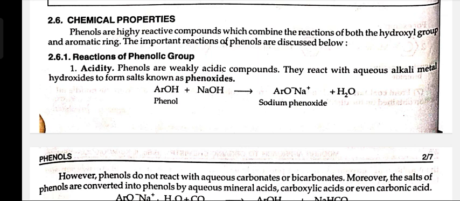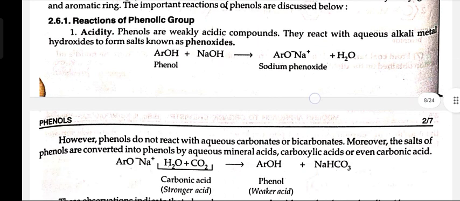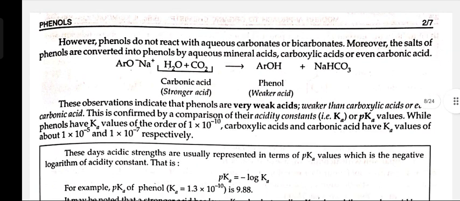They react with aqueous alkali metal hydroxides to form salts known as phenoxides. However, phenols do not react with aqueous carbonates or bicarbonates. Moreover, the salts are converted into the phenols by mineral acids, carboxylic acids, or even carbonic acid.